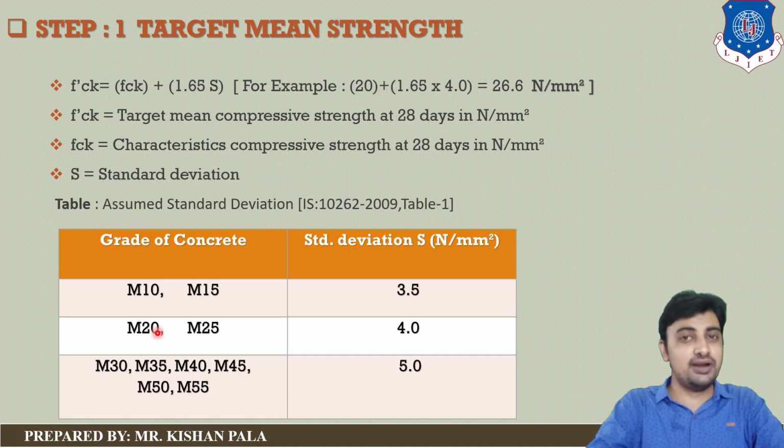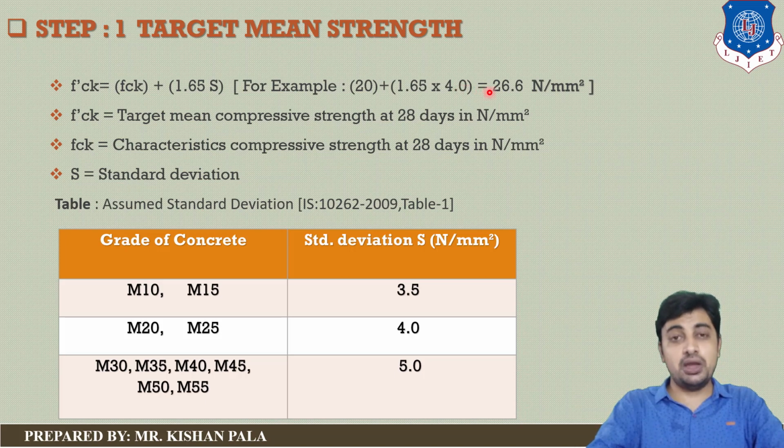So for the M20 grade of concrete, you have to take 4 Newton per mm square of standard deviation. You have to put the value of the standard deviation in this equation, which is 4.0. It means 20 plus 1.65 into the standard deviation value, which is 4.